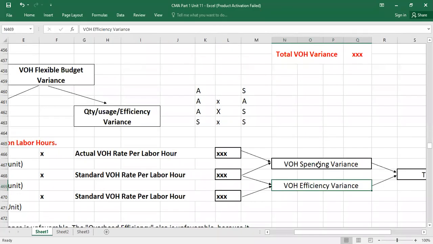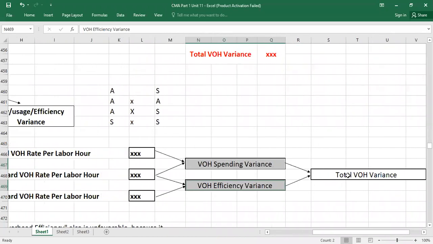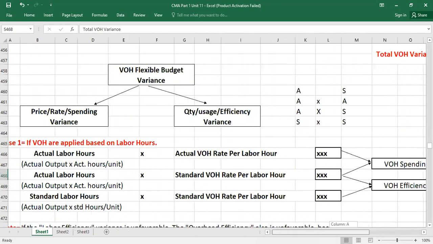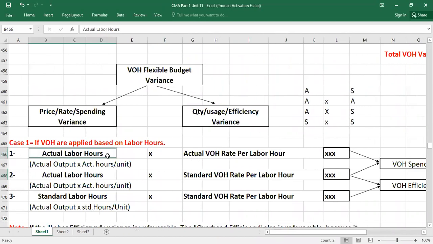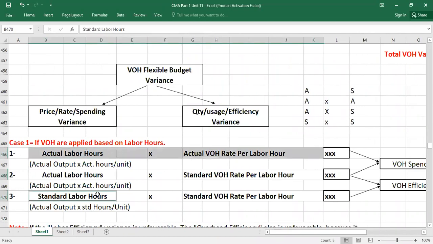Now, if you net off variable overhead spending variance plus or minus variable overhead efficiency variance, this will result in total variable overhead variance. But if you want to calculate total variable overhead variance directly, we can take the difference of the first line and the last line. You can see first line is actual hours and the third line is standard hours. It means there is a difference of hours, I mean to say efficiency variance is there.